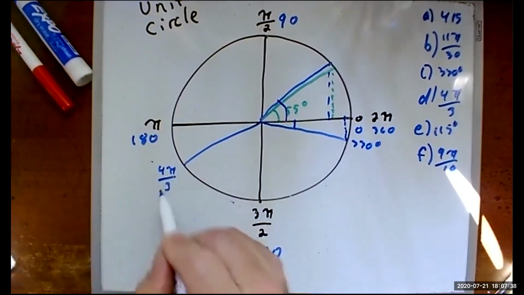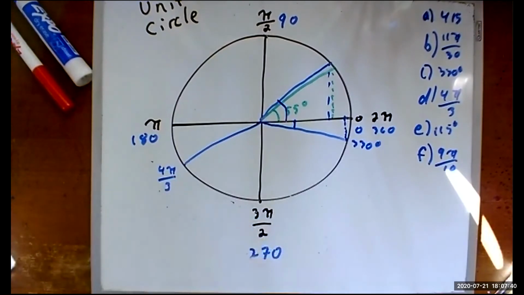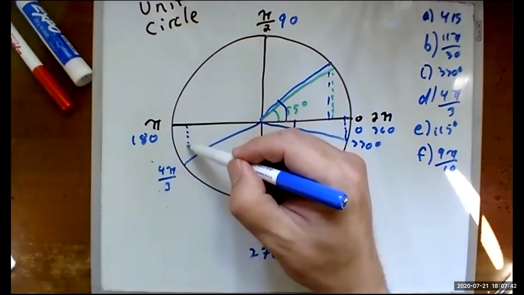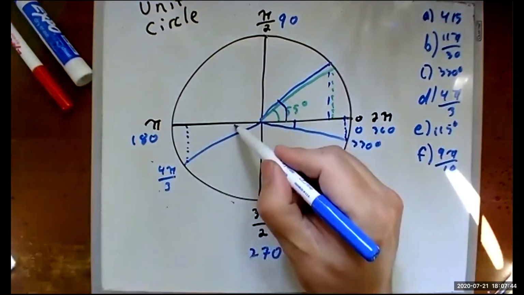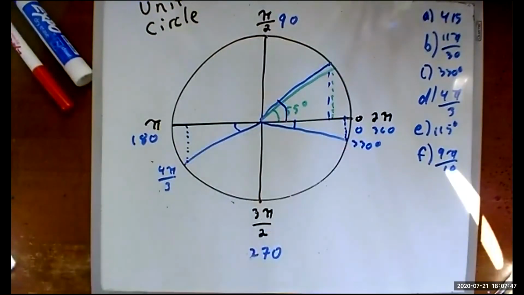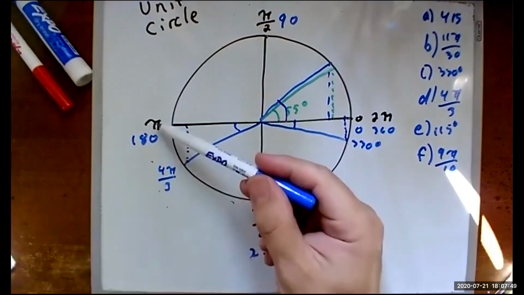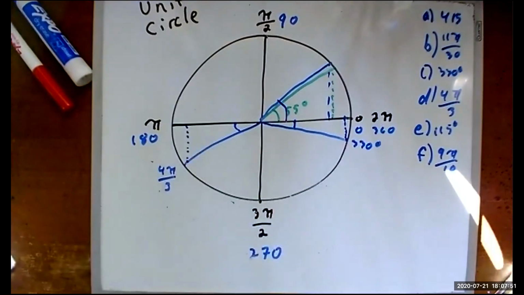So 4 pi over 3 is just a little bit bigger than that, and that brings us into this quadrant over here. And so we're looking for this as our reference angle. So we have to just figure out, well, how much farther have we gone from pi to 4 pi over 3?